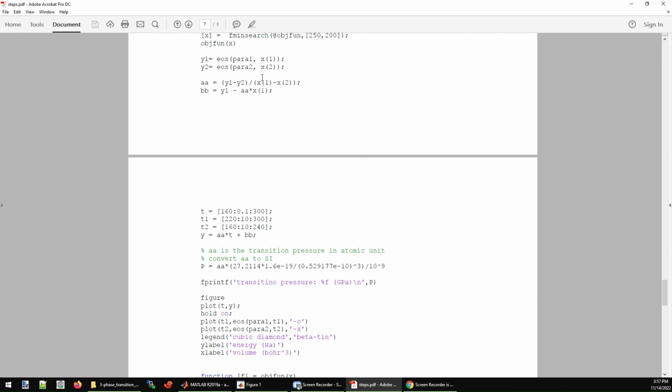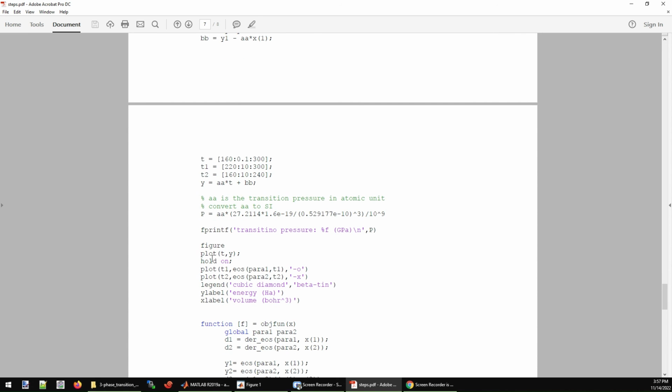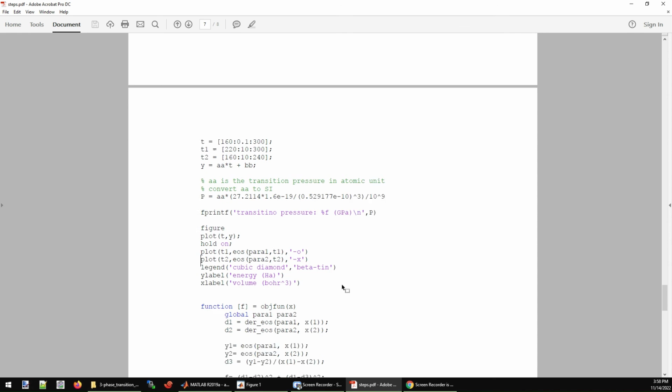So then we do the plots. You can see from here, we first plot the common tangent, and then we plot the equation of states for the cubic diamond structure, and we also plot the equation of states for the beta-tin structure.